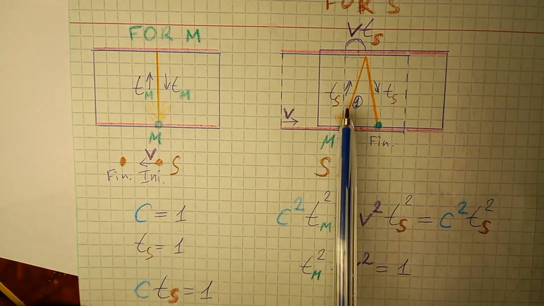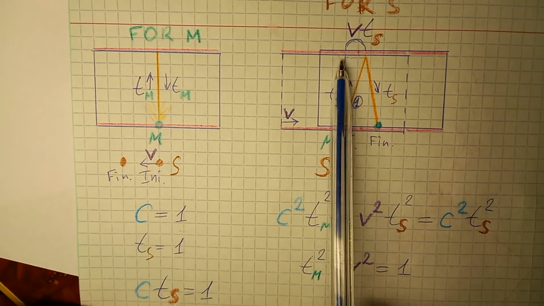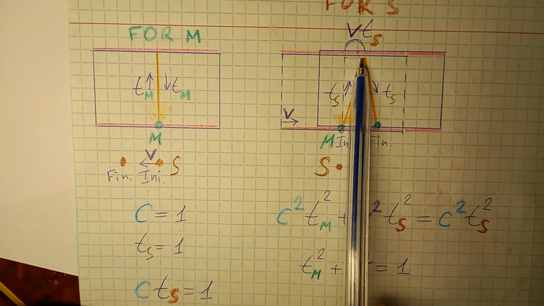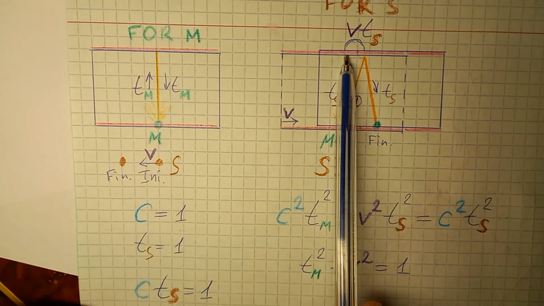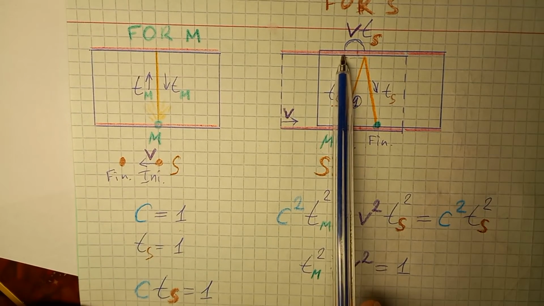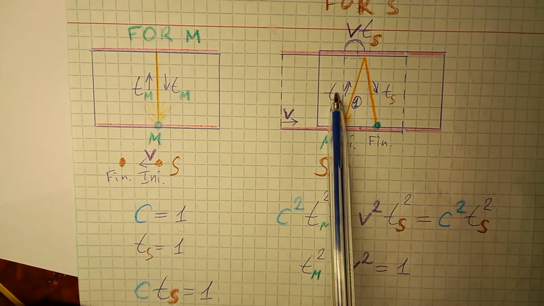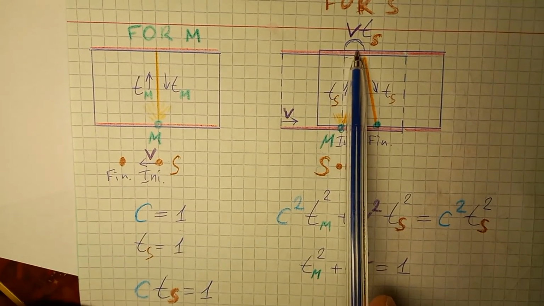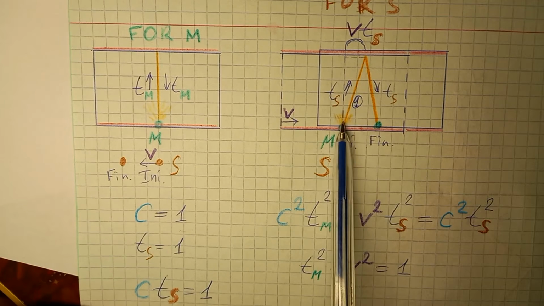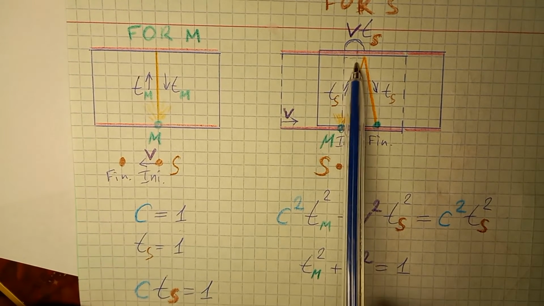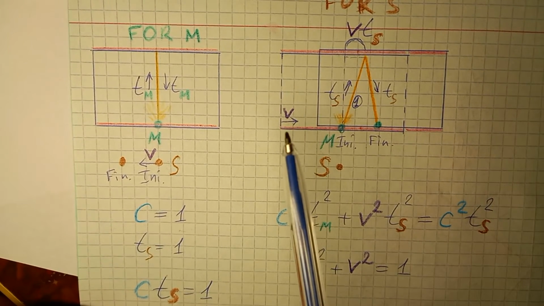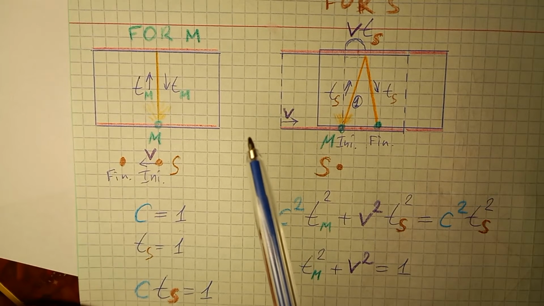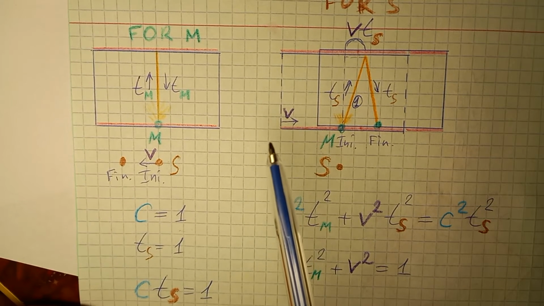This side of the triangle equals v times ts. This side of the triangle is c times tm.